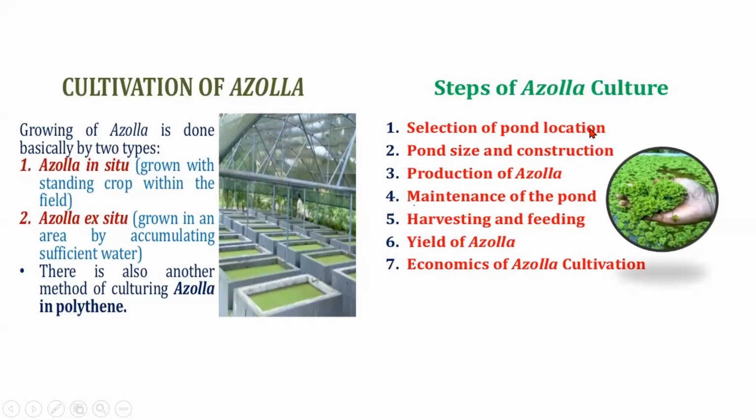So you need to select a pond location. The pond size and construction is important. Production of azolla, maintenance of the pond, harvesting, yield of azolla, economics of azolla cultivation. இதுதான் வந்து azolla cultivation உடைய you have to follow these steps for a proper cultivation of azolla.